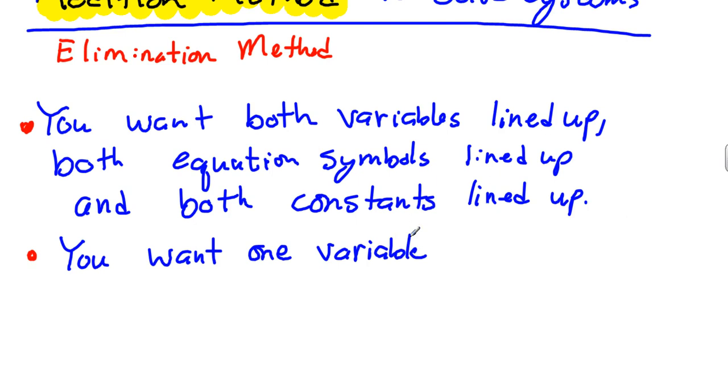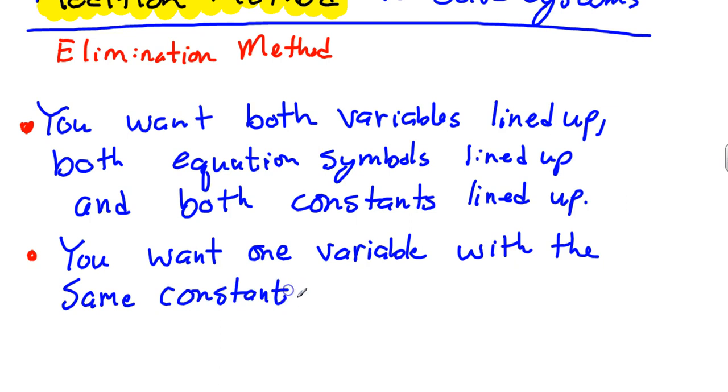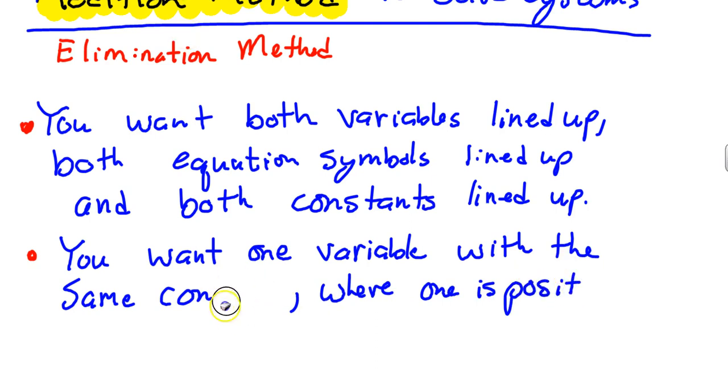But you want one variable with the same constant, not constant, sorry, you want the same coefficient. Sorry, I had the constants on my mind last minute. You want one variable with the same coefficient, where one is positive and the other is negative.